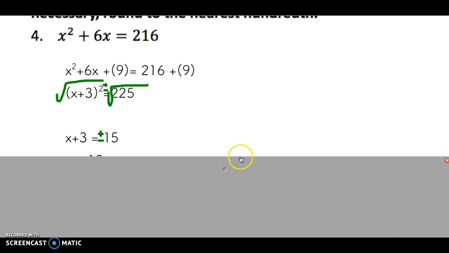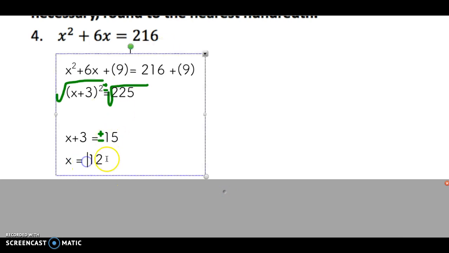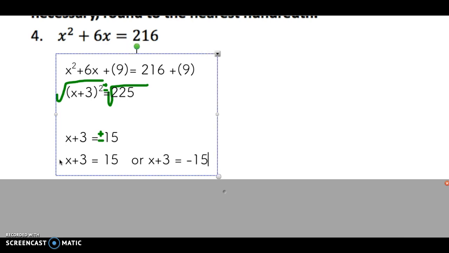When I solve for this, I have two equations: x plus 3 equals 15, or x plus 3 equals negative 15. Solving the first equation, if I subtract 3 from each side, I have x is equal to 12.